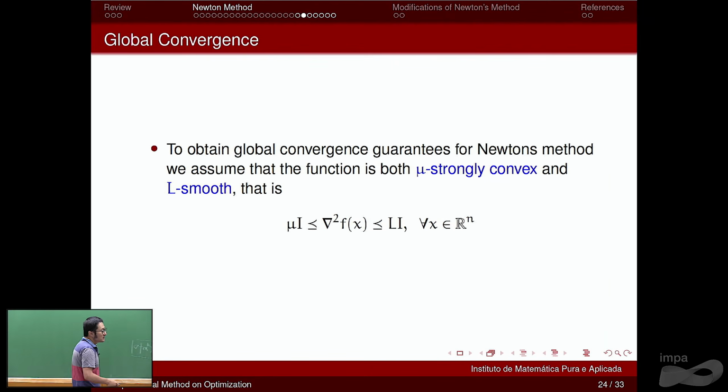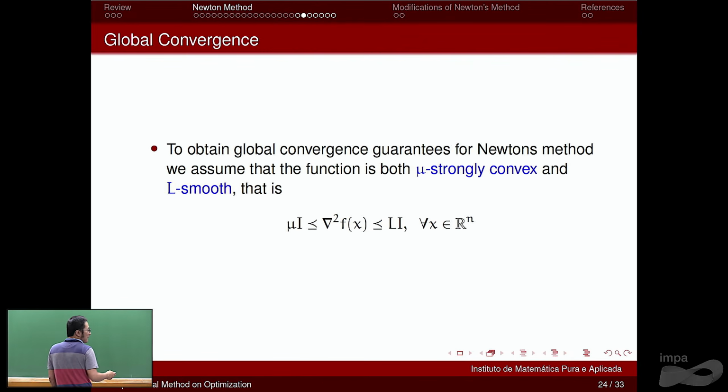But here, this strong curvature assumption holds for any x. So for any point in the whole space, your Hessian should have a uniform lower bound. It means at any point your Hessian should have a positive minimum eigenvalue.